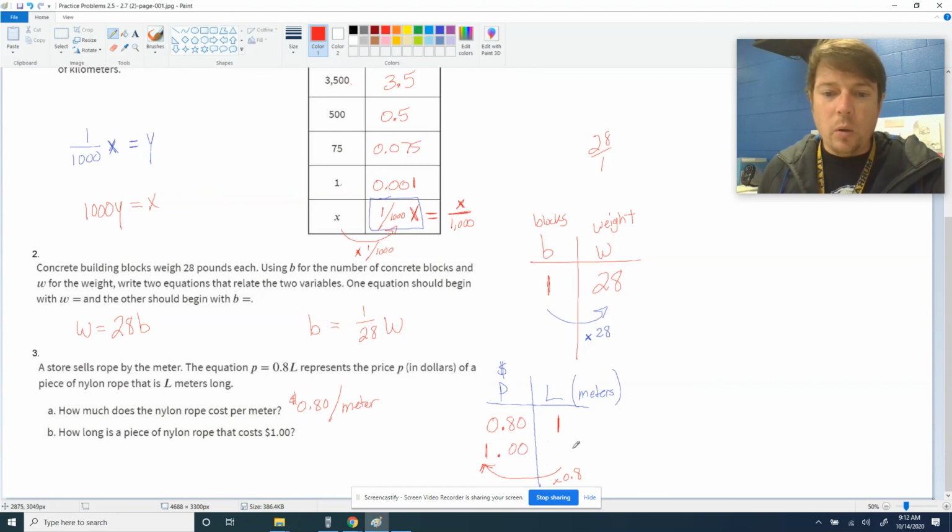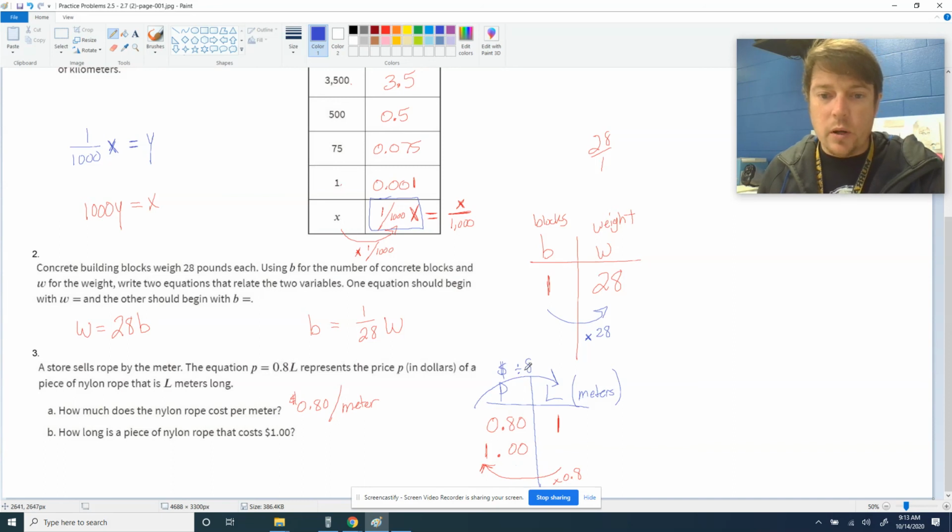So if multiplying by 0.8 tells me meters to price, then going from price to meters, I can multiply by either the reciprocal of 0.8 or I can divide by 0.8. All right. I'm just going to divide by 0.8. I think that might be simpler here.